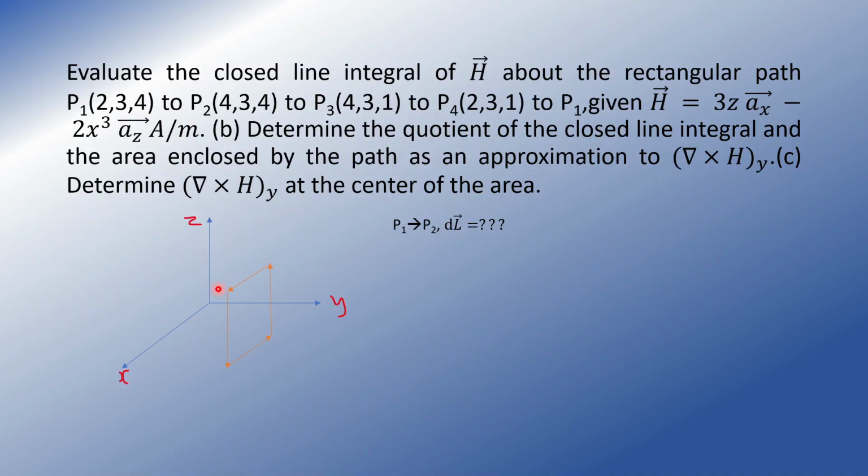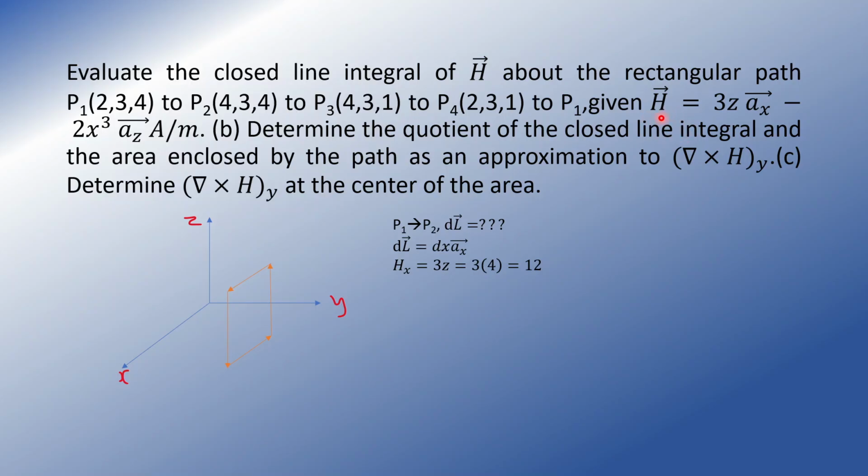We know that vector dl is given by dx ax plus dy ay plus dz az. But clearly, as indicated in the diagram, P1 to P2 is only in the x direction. So we can write dl as dx ax only. Now that we know dl, let us find H dot dl.